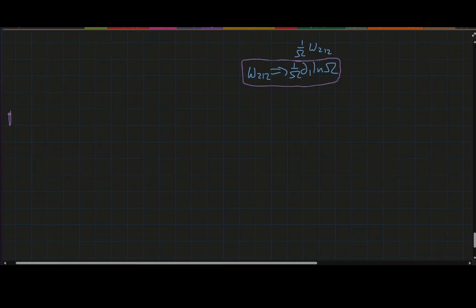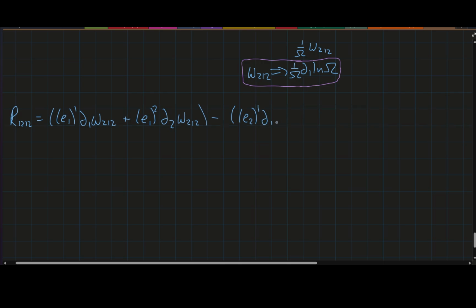So I can say R1212 is E1,1 del 1 W212 plus E1,2 del 2 W212 minus E2,1 del 1 W112 plus E2,2 del 2 W112 plus W112 squared minus W212 squared.